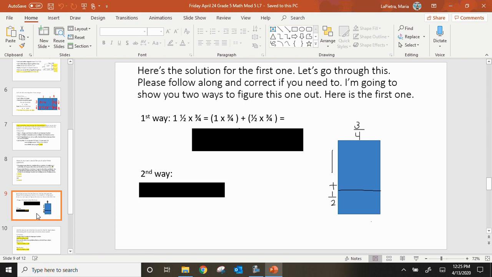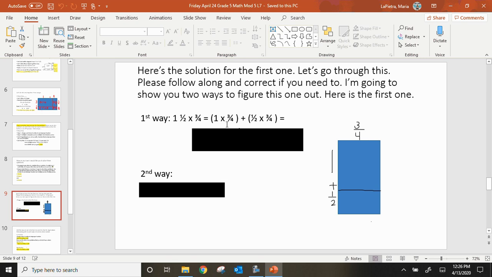Here's the solution for the first one. Let's go through this. Please follow along and correct if you need to. I'm going to show you 2 ways to figure this one out. Here's the first one. The first way, I have your diagram to the side. 1½ times 3/4. 1 plus the half, and you only have to multiply each of these parts by 3/4 this time.